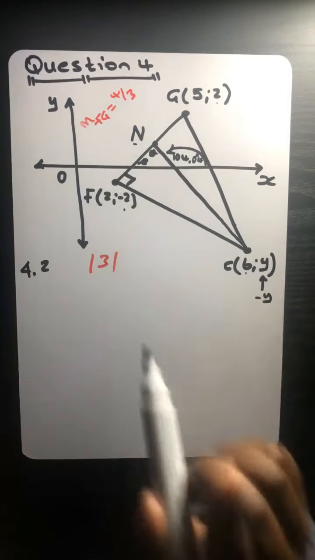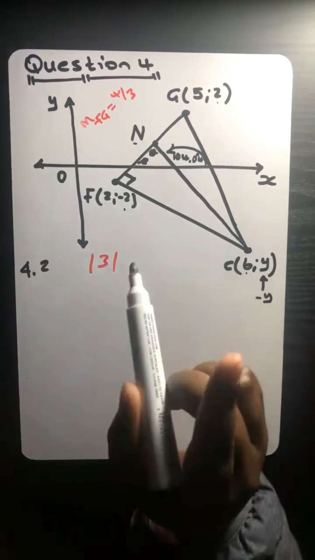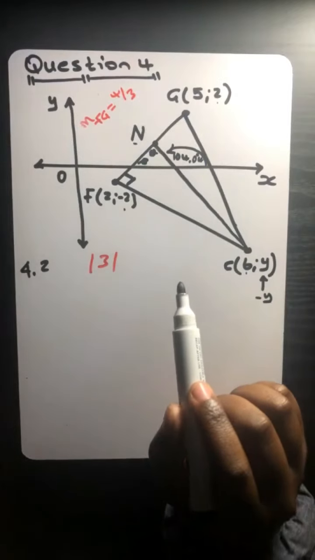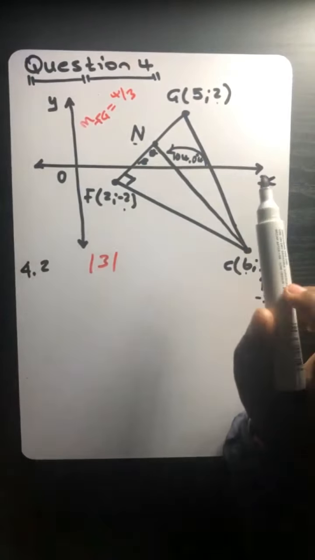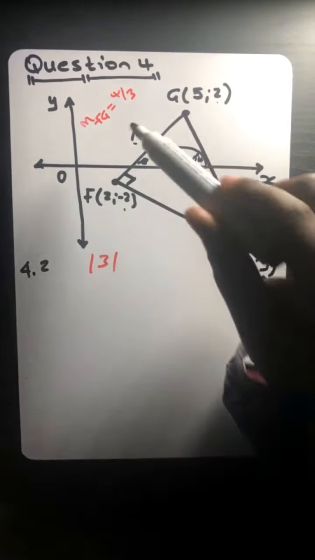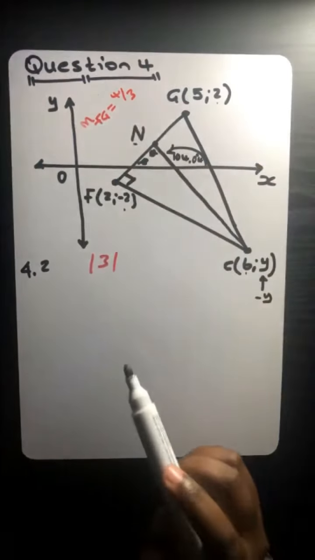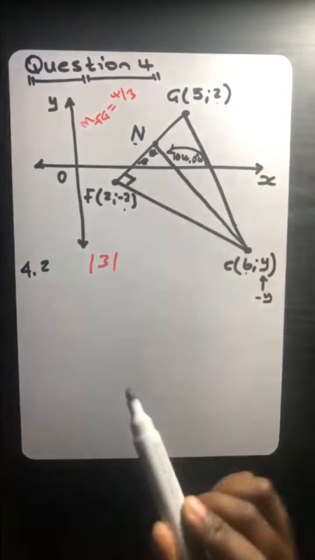So this is where you need to be streetwise, ladies and gentlemen. Remember, guys, normally in mathematics and physical sciences, the question previously asked can be your savior to the next question. Very, very much important, guys. So with reference to the previous question, they wanted us to calculate the gradient of that line.